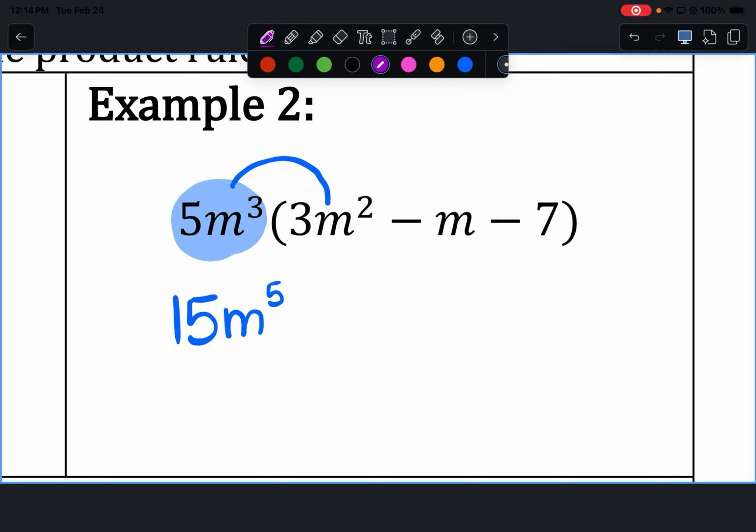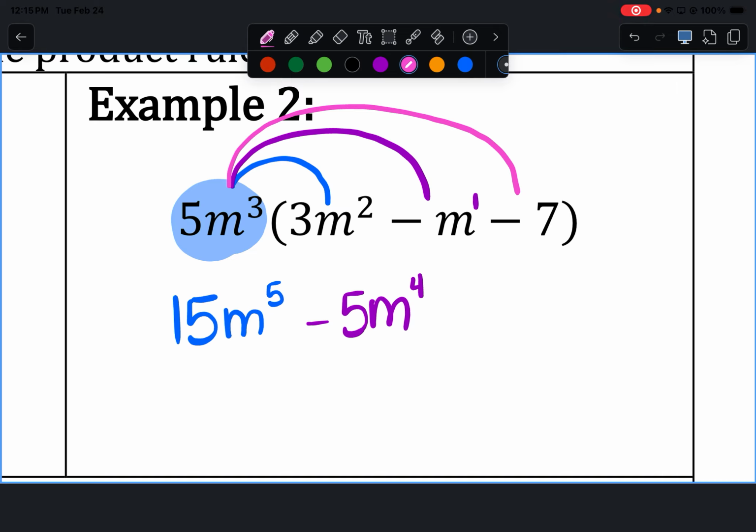What else do I need to multiply that 5m to the third by? What is 5m to the third times negative m? Negative 5m to the fourth, because what is the exponent understood on negative m? 1.